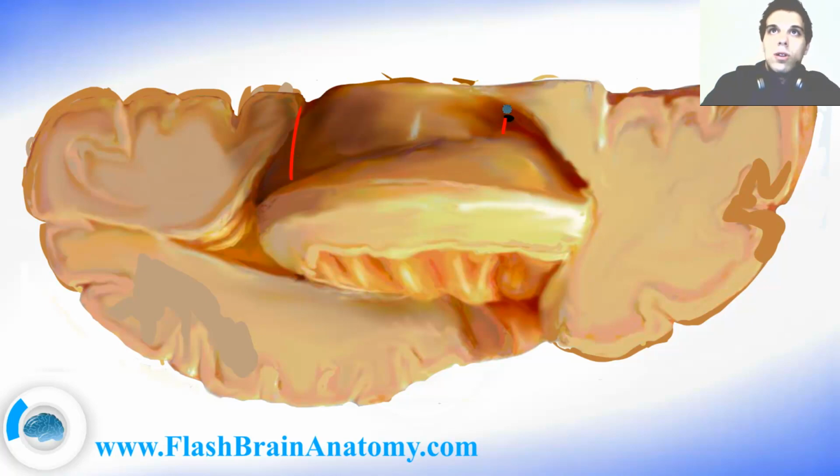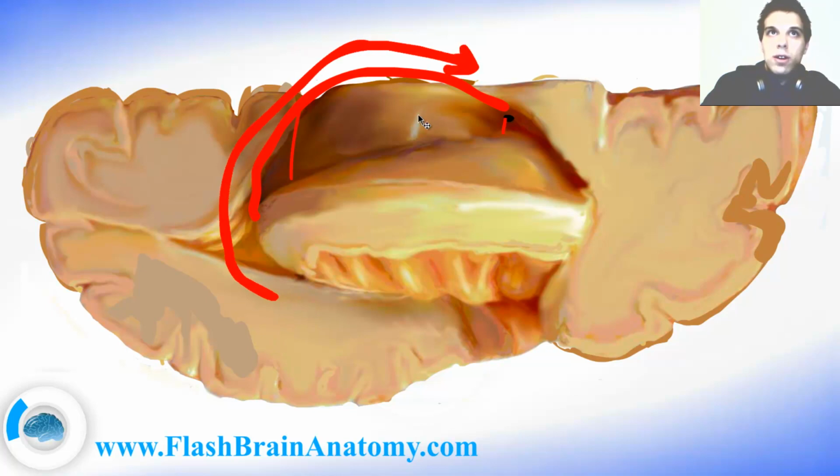Then the medial wall of this cella media is created by the fornix. Those are the fibers coming from down there, from the pes hippocampi, and they go all the way to the mammillary bodies over there. So these fibers would simply go like this and then enter the brain substance over here.